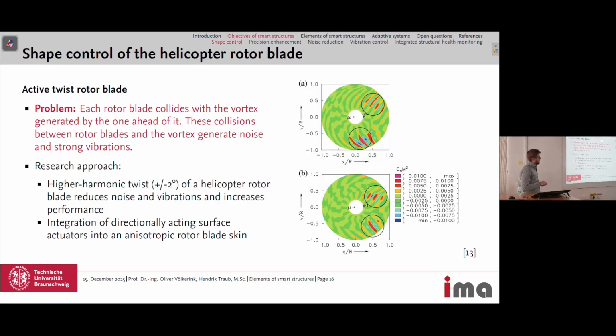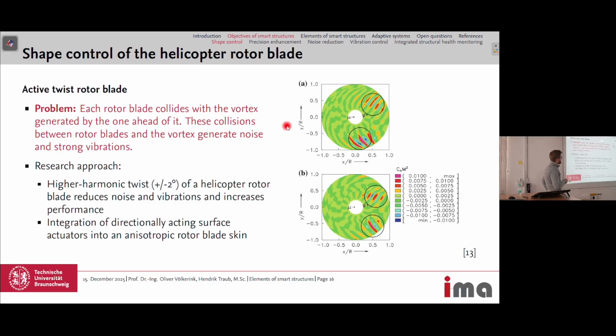Now the rotor blades are already tested in a rotor test bench, but here are some preliminary simulation results. You can see the area of the rotor from the top, so X and Y coordinates, and this is the normalized lift of the rotor in total.